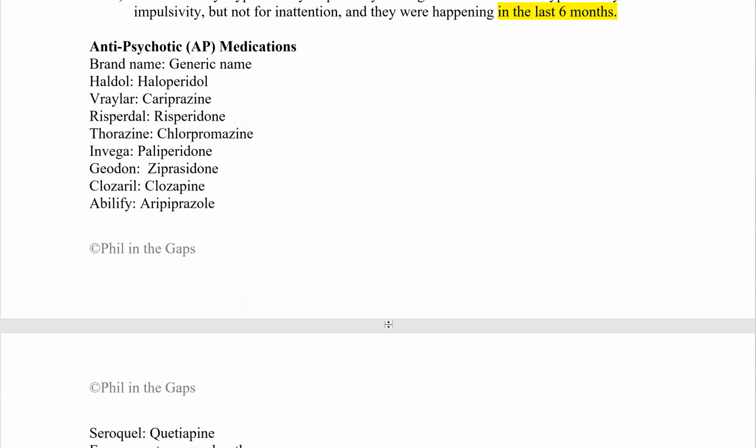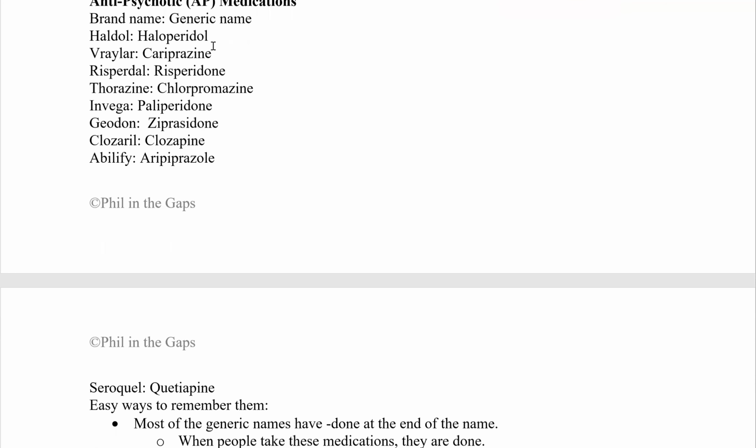Let's segue into the next class, which is antipsychotic medications and the schizophrenia spectrum. And on the generic side, if you look closely, we can see INE and done. And before you're like, Phil, I thought you said the antidepressants had INE at the end of them.